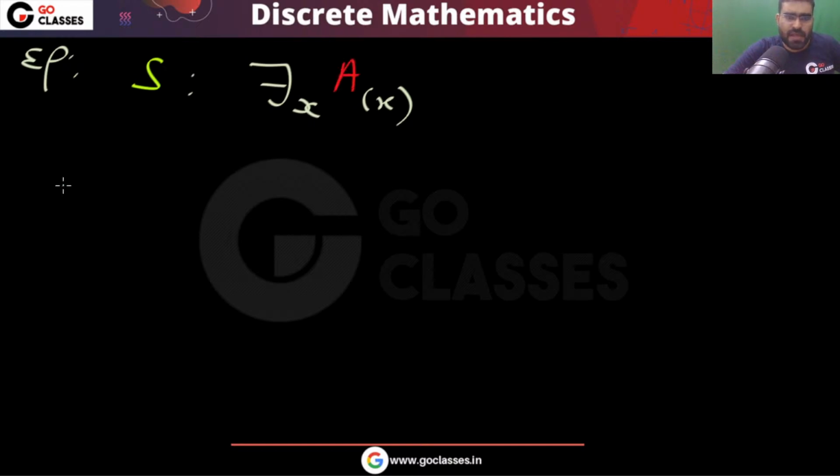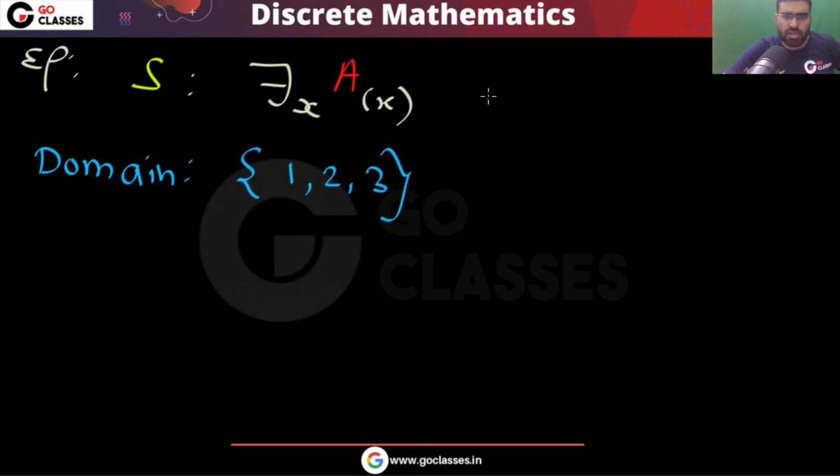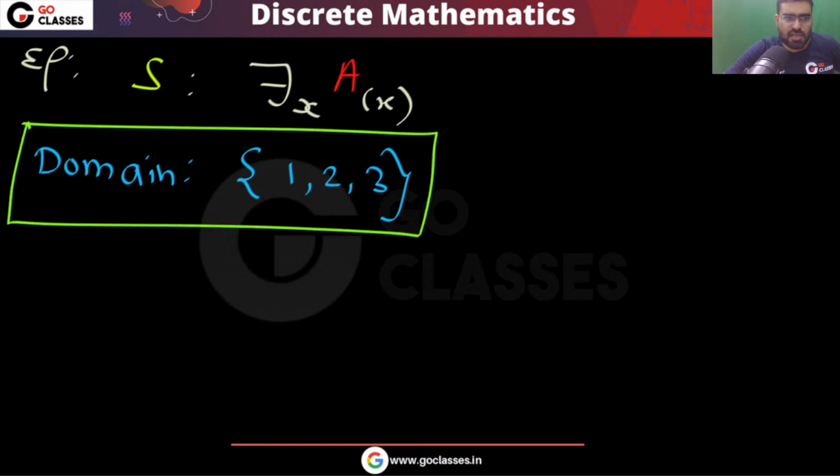Now you tell me, in this situation, if I give you the domain, is that enough? For example, if I give you the domain as 1, 2, 3, is that enough? Let me know. This information is not enough to find out the truth value of S. Yes or no? You can clearly see this is not enough.